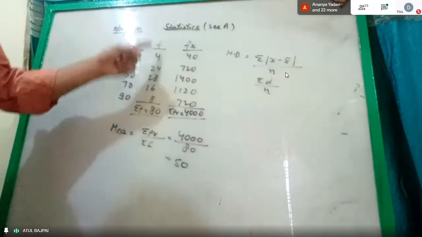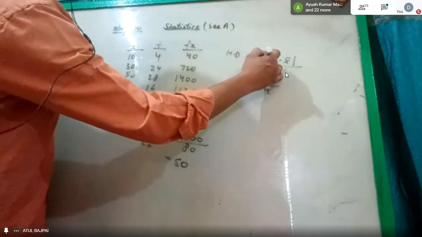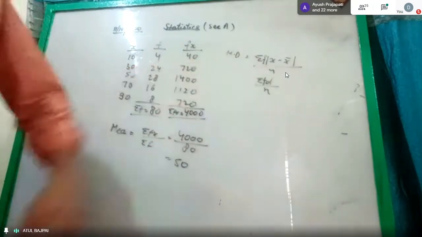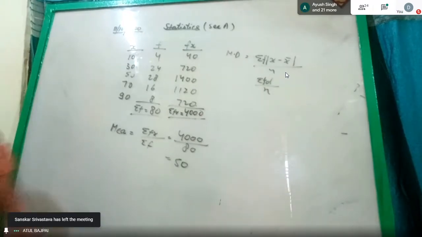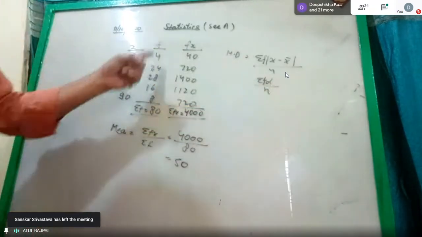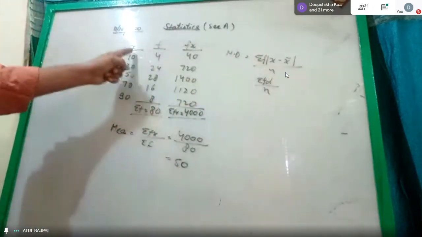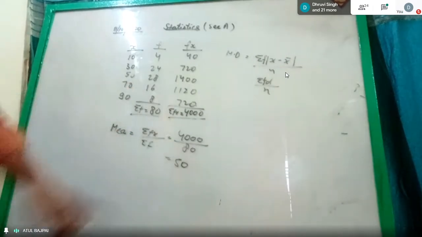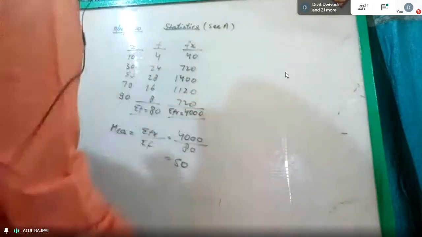But as soon as frequency comes in, we multiply f into deviation, f into d, and that sigma has to be done. This is the change in the formula when frequency is also given. If frequency is not given, we find the mean deviation with the direct formula. But if f is there, then fd will be there.